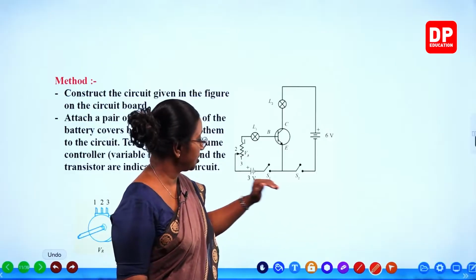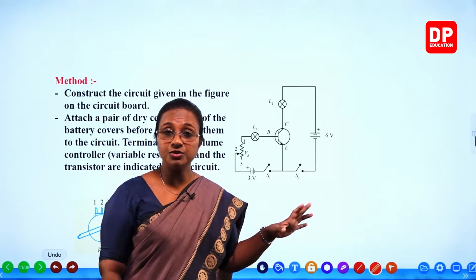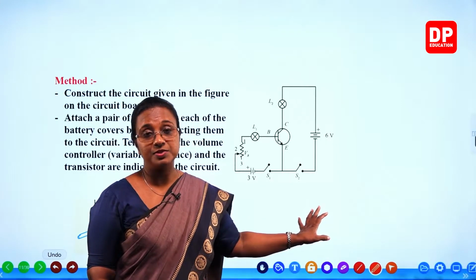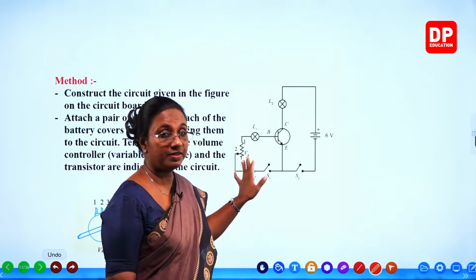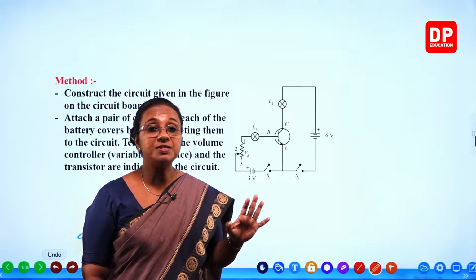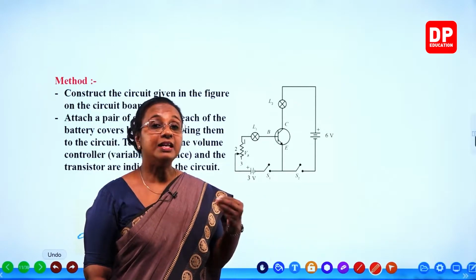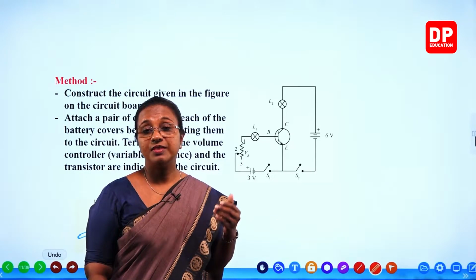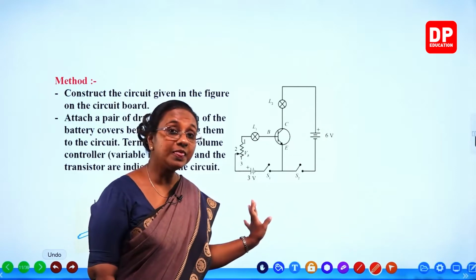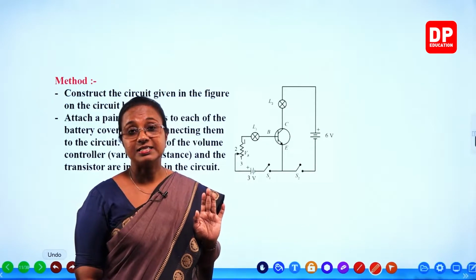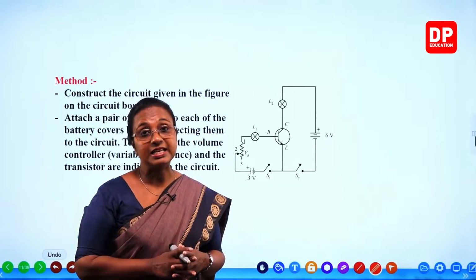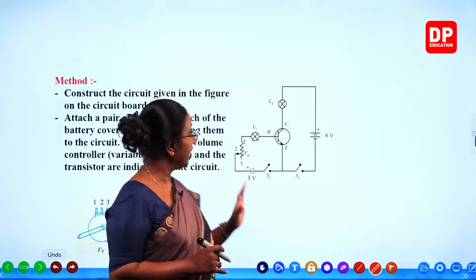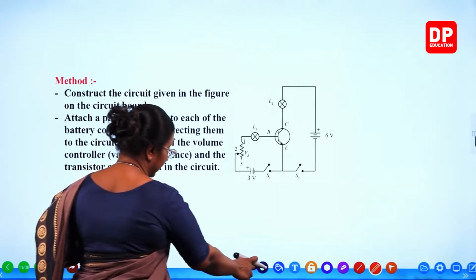Close both the switches, and observe the bulbs. So there are 4 different instances in which we need to observe the bulbs. You need to observe whether they light, and if they do, their brightness. Then only you will understand the current amplification process. Is that clear, students?